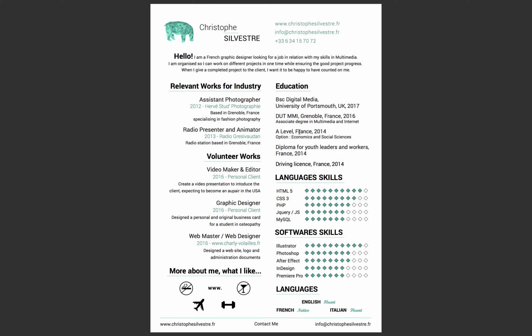So I really appreciate this CV because it's quite simple, it's not really difficult to read. And if I want to change something, I just have to delete this part, for example, and write what I want to add to my CV.